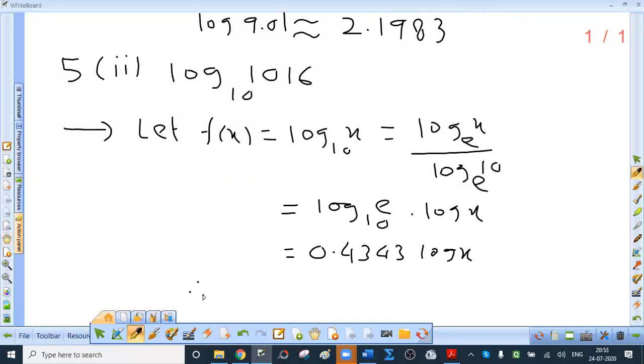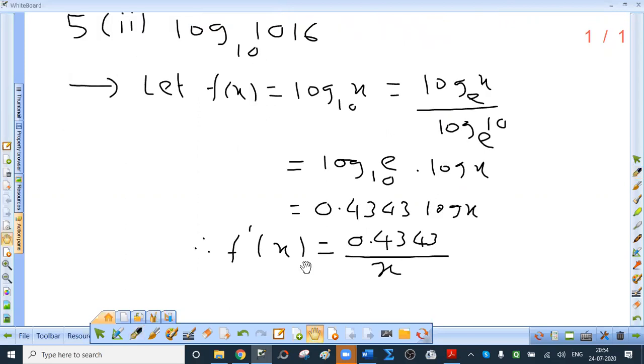So what is f dash of x? 0.4343 is constant. I think in chemistry also, I don't know the topic, but you have to use this formula in which 0.4343 appears, because it is actually log e to the base 10. Okay. And what is derivative of log x? It is nothing but 1 upon x. So this is what f dash of x.